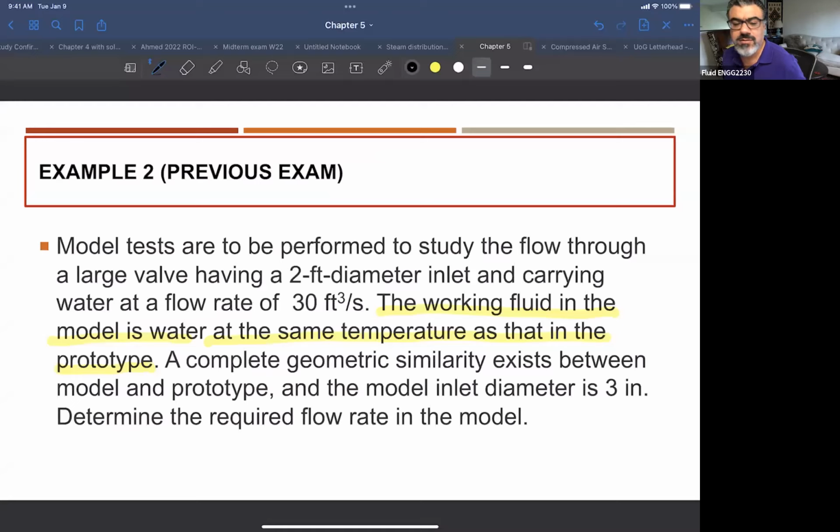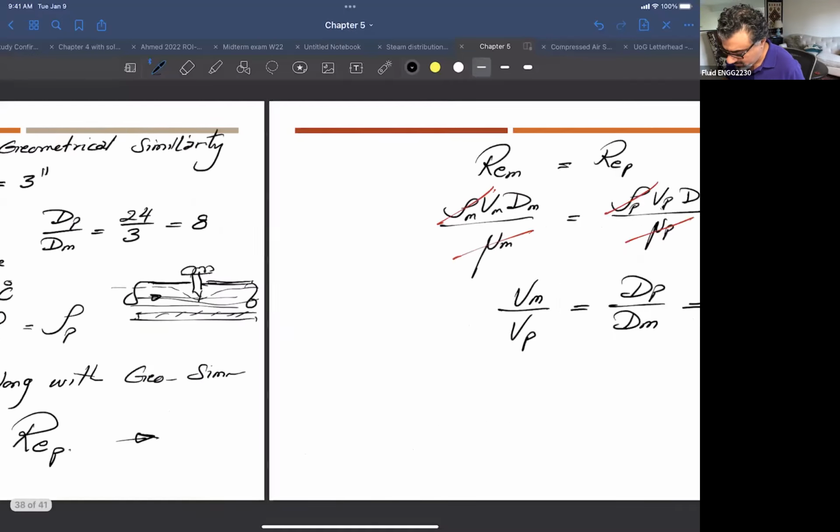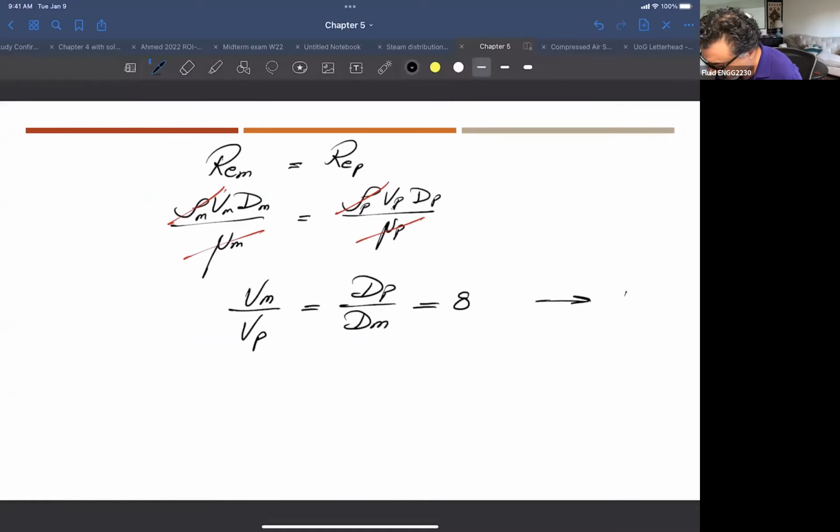So what do you think about another important relation that we can get for the flow rate and the velocities? Q, right? So I can say, in this case, this is equation 1. Also, Q of the model over Q of the prototype equals what?